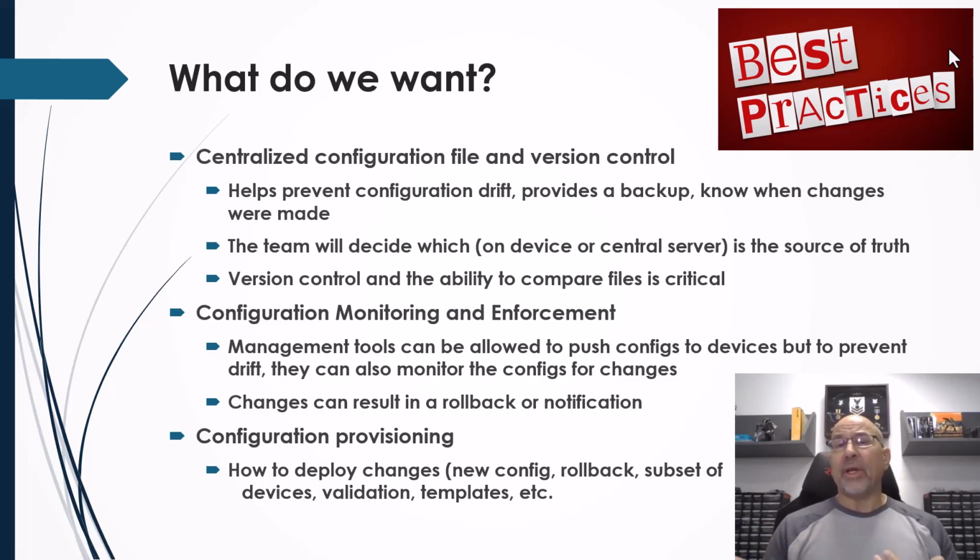So you're monitoring changes in drift, right? We want zero drift, and now there's been a configuration change. And then if we need to, we can roll back or we can update our configs based on whatever that change was, but we want to know that it happened. And then the configuration provisioning stuff is that ability to push configurations out.